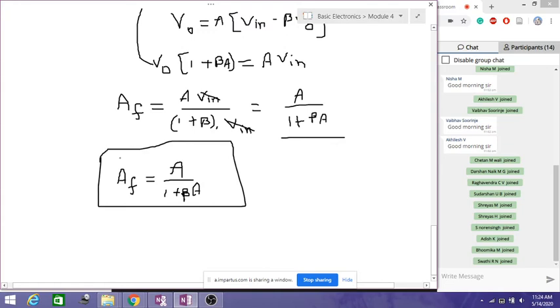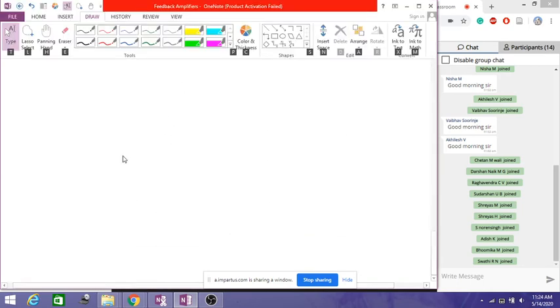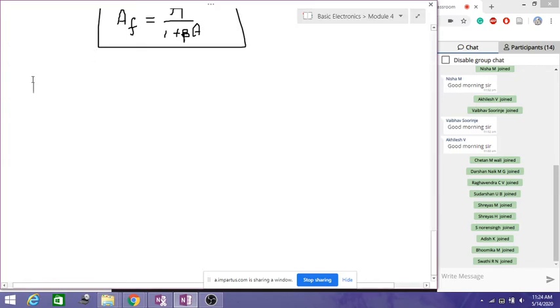Now this negative feedback amplifier has certain properties and certain advantages. So let us talk about the properties of the negative feedback amplifier.